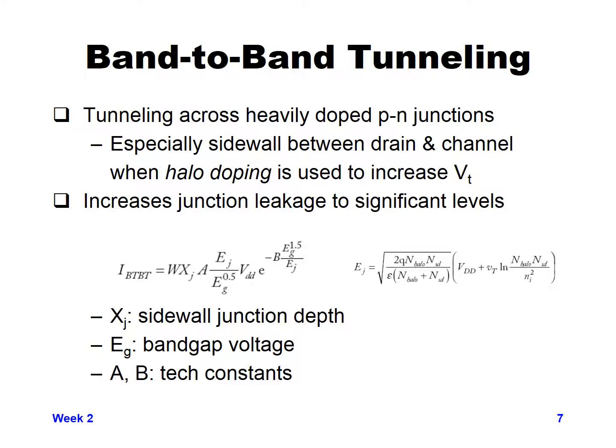The reason for this is that in modern processes, there's something called halo doping that's used in the channel area in order to increase VT, so that with a slightly higher VT, we don't get as much leakage current through the channel. But the higher doping caused by the halo doping causes this heavily doped PN junction to see this effect even more. So this increases that particular junction leakage to significant enough levels that it's something that we need to pay attention to.